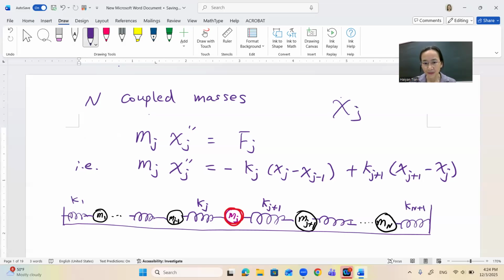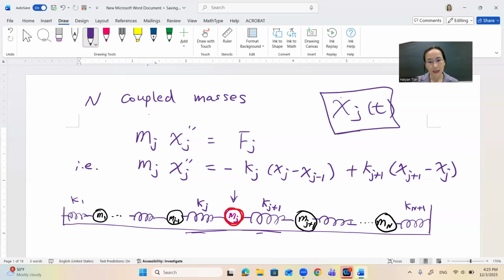If this jth body is at the natural position, that means there are no compressed springs on the left or right, then this is at its equilibrium position, so xj will be 0. Otherwise, it is non-zero. So xj is the displacement from its equilibrium position, and it is a function of time.